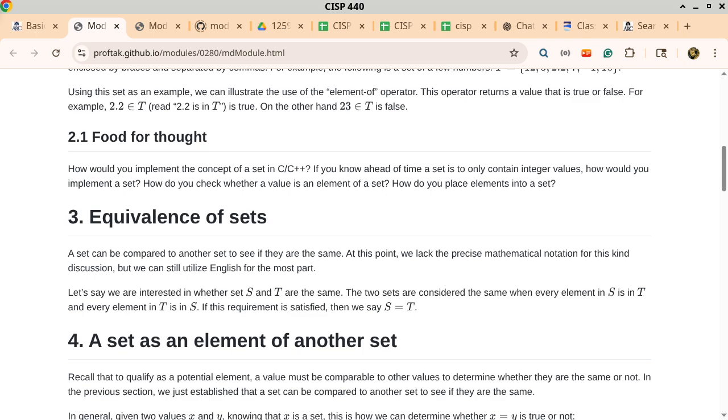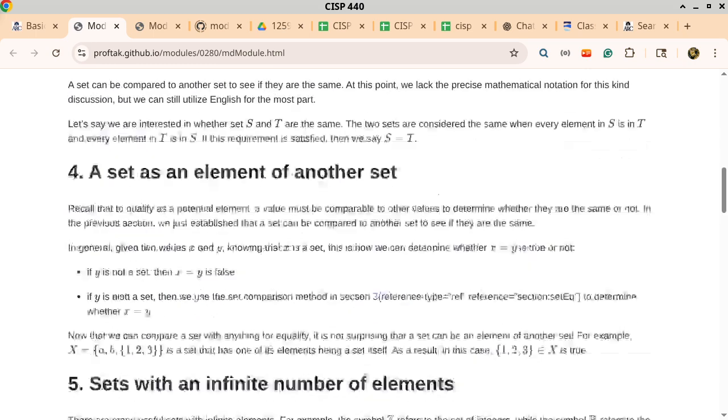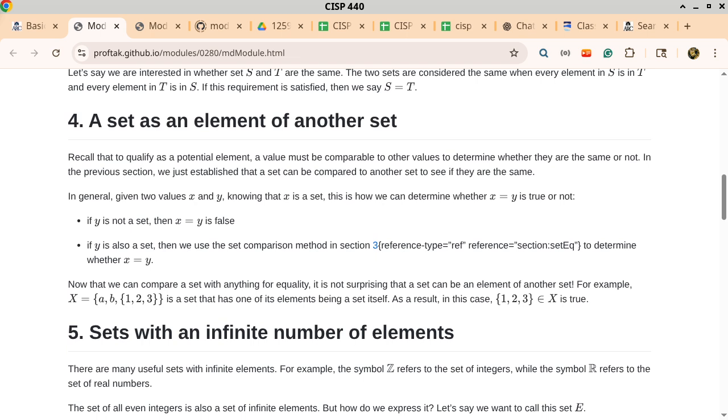So now we move on to number 4. Number 4 is basically exploring the idea of whether we can have a set that is an element of another set. The answer is yes. We'll skip some of the discussion here and jump all the way to the last one. Let's say set X is defined to be a set, because of the braces here.